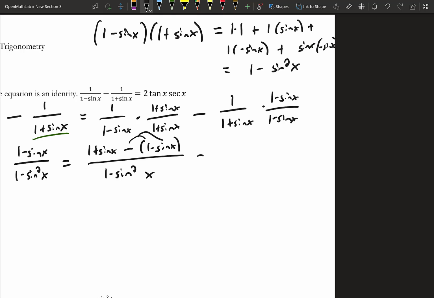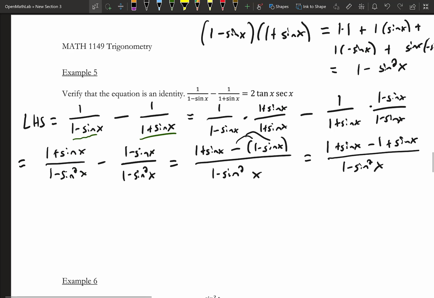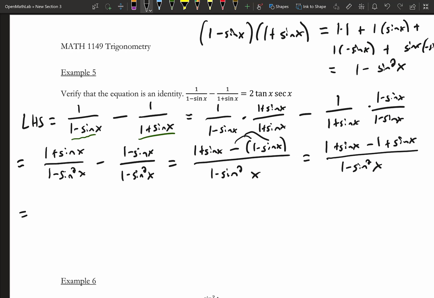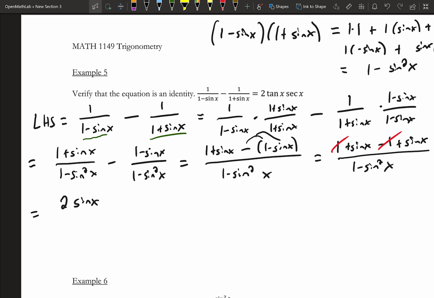So this gives me 1 plus sine x minus 1 plus sine x all over 1 minus sine squared x. Simplifying the top, we get 2 sine x, because 1 minus 1 is 0, and sine x plus sine x is 2 sine x.